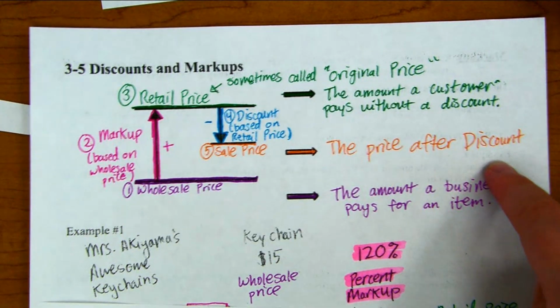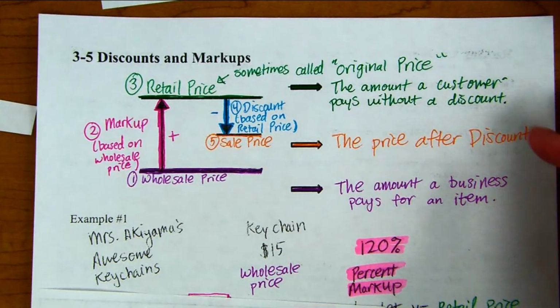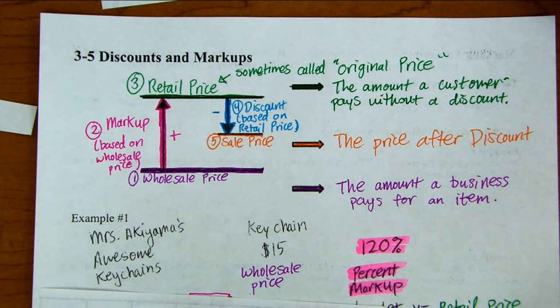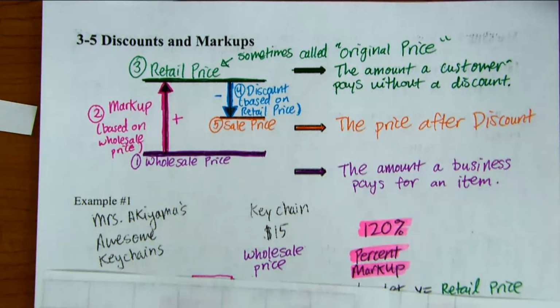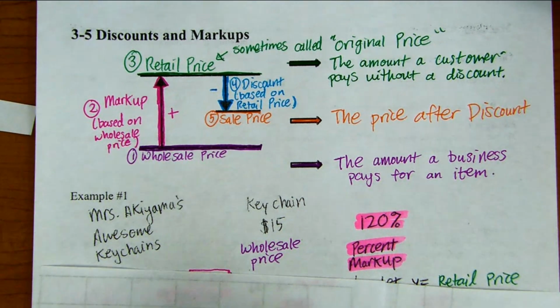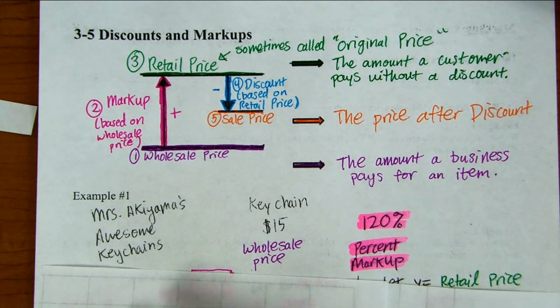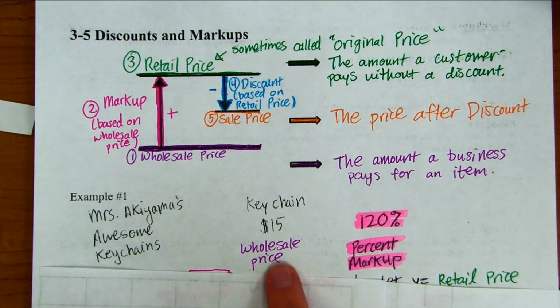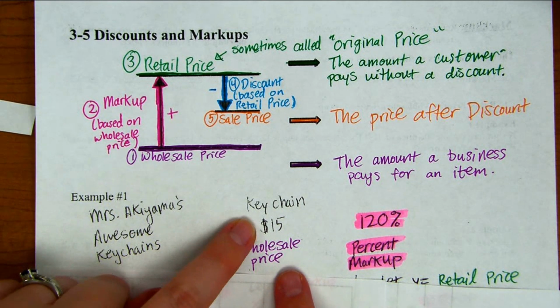So let's look at an example, and we can practice identifying and calculating these different pieces. Let's take the example, Mrs. Akiyama's Awesome Keychains. This is a company where Mrs. Akiyama sells keychains. The wholesale price she pays a manufacturer is $15 per keychain.